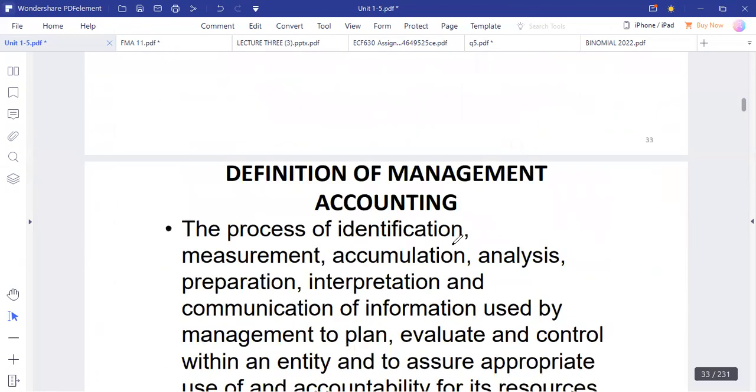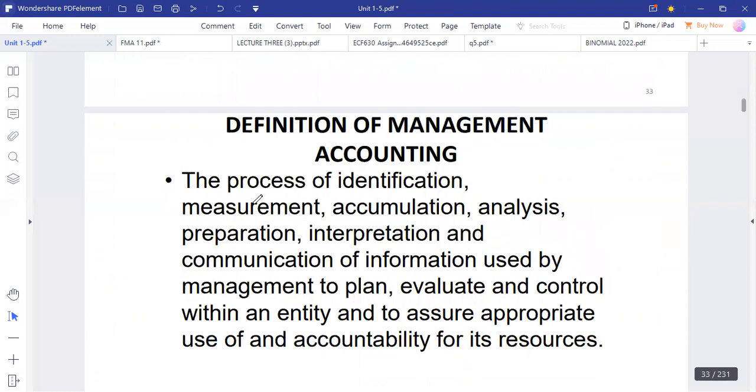Then when we go to management accounting, it is defined as a process of what? Identifying, measuring, accumulating, analyzing, preparing, interpreting, communicating of information used by management to plan, evaluate, control an entity, and also to assure appropriate use of and accountability of its resources. So this is basically for internal use.